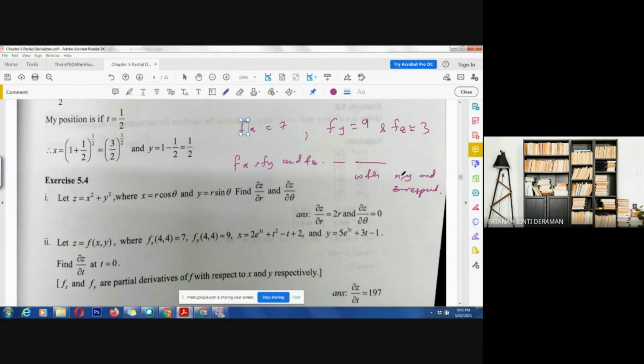It means for this term it is with respect to x, for this term with respect to y, and this one with respect to z. So that is what respectively means in mathematics. Okay?